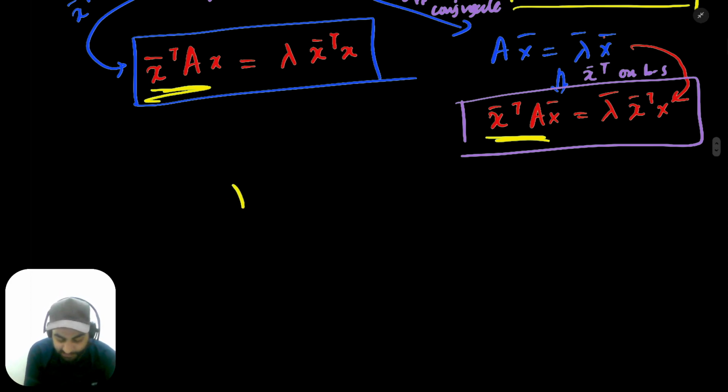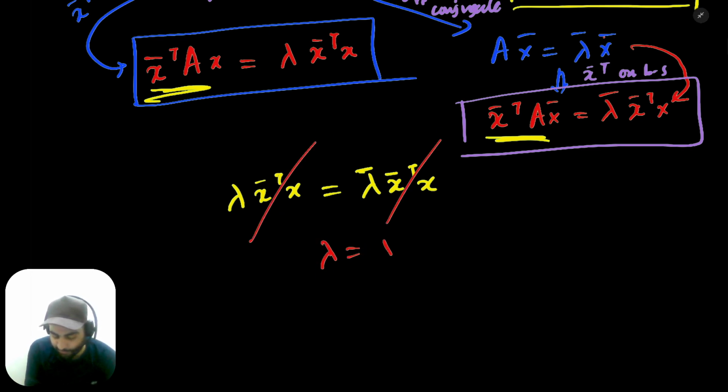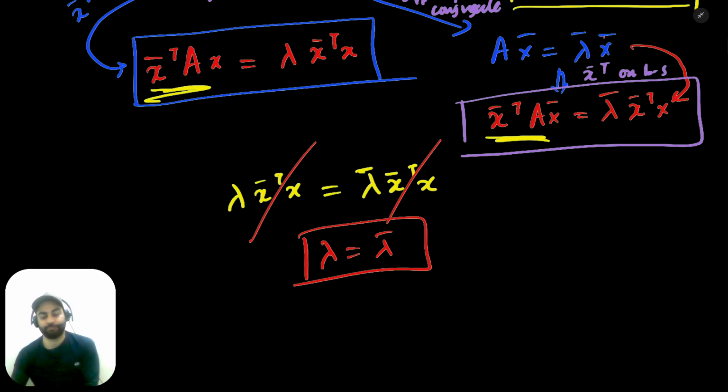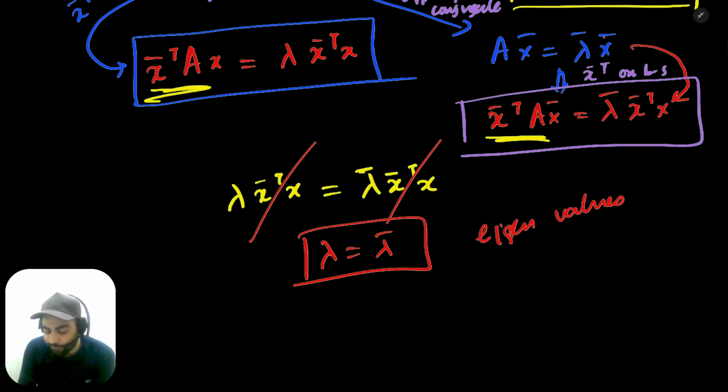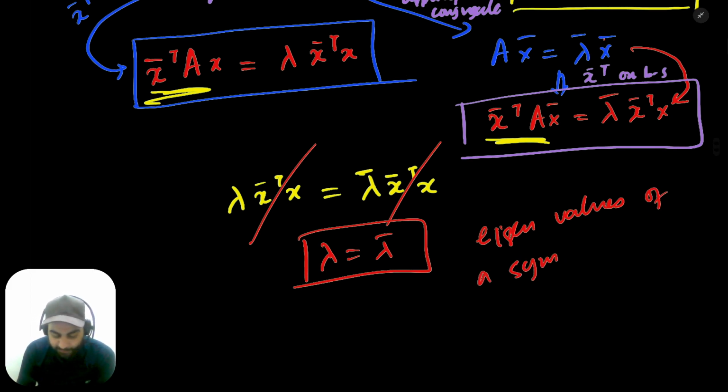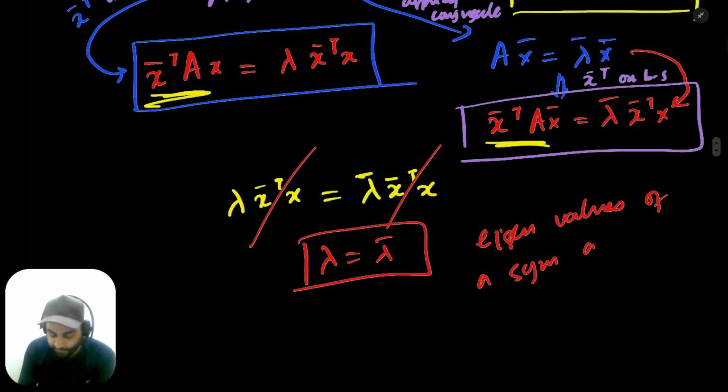That gives us lambda x transpose x is equal to lambda conjugate x conjugate transpose x. These factors cancel, so I proved that lambda is equal to lambda conjugate. That's real. That means the eigenvalues of a symmetric matrix are real.